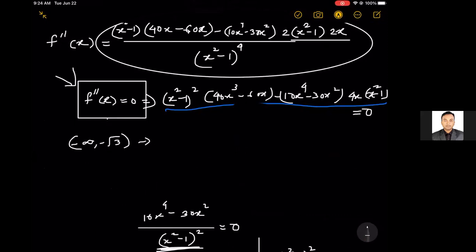My question is, which point should I pick from this interval? Anyone? Is anyone trying to say anything? I can't hear anything though.